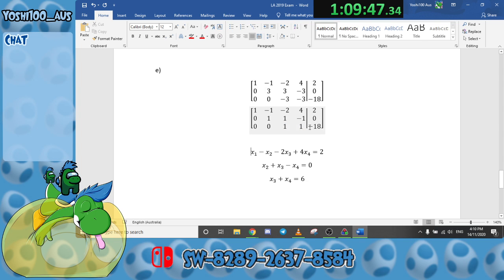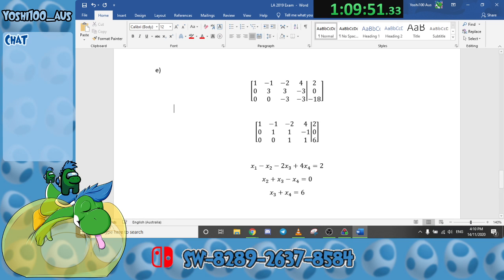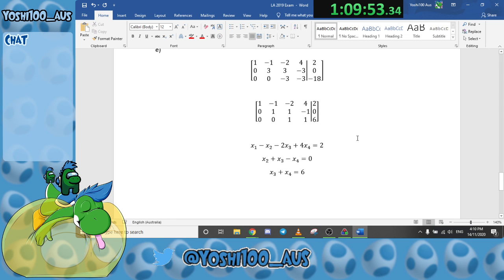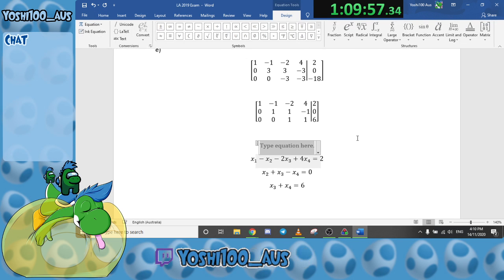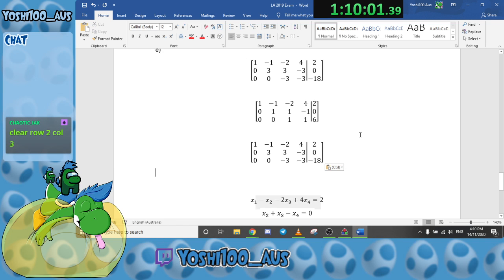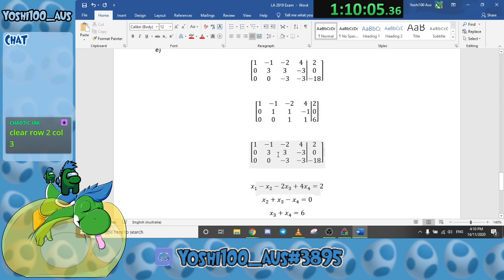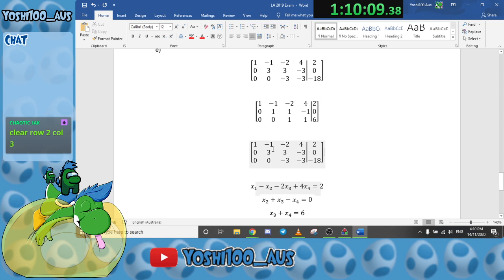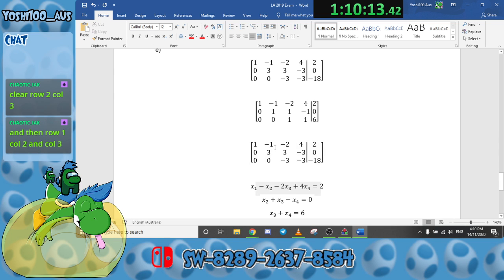Oh wait, alright, my steps here. We know what we're doing. Row 2, column 3? Gotcha. Oh, because then that gives us our line here, right? Then you reduce these as well, don't you?